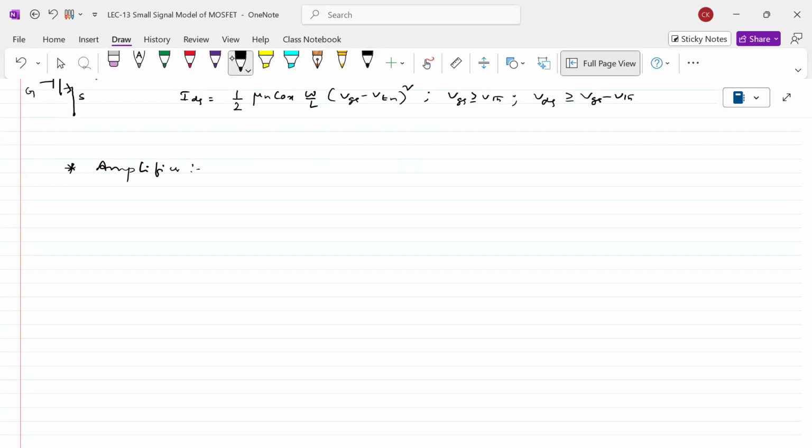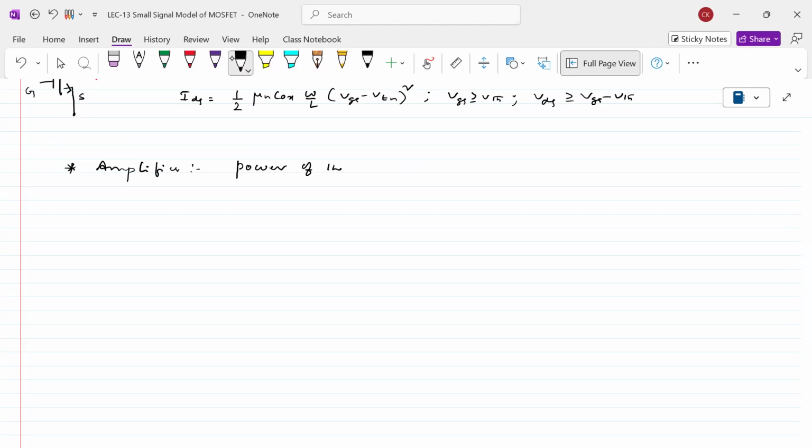Whenever you give a less strength signal, the strength of the signal must be more at the output side. In fact, the power. So power enhancement can be done by the amplifier.